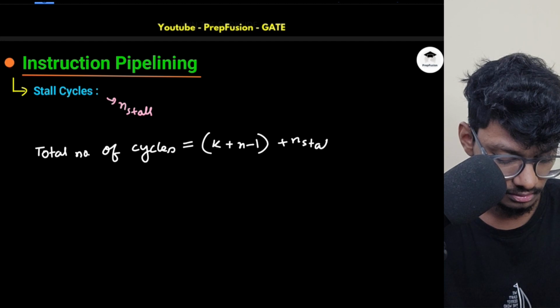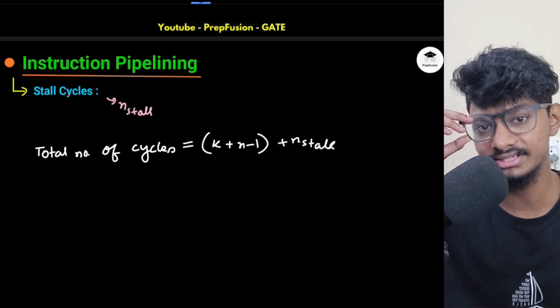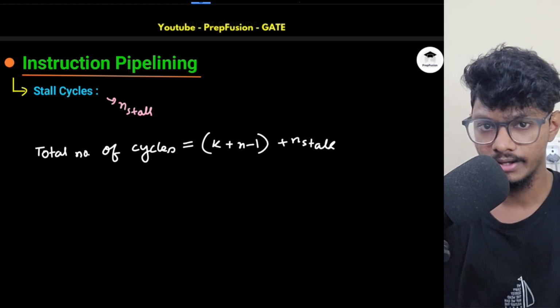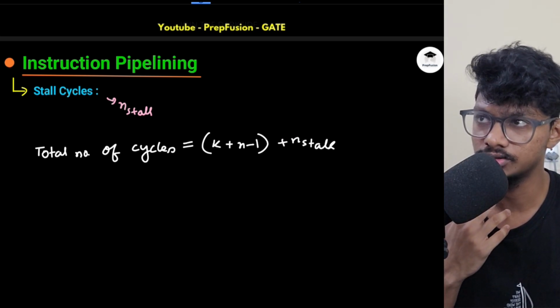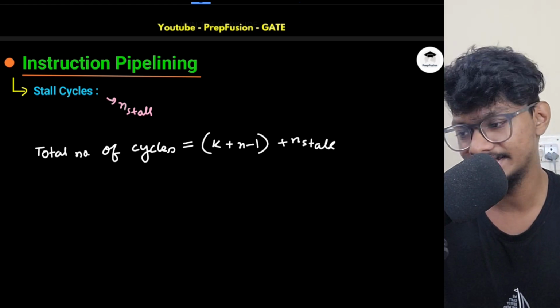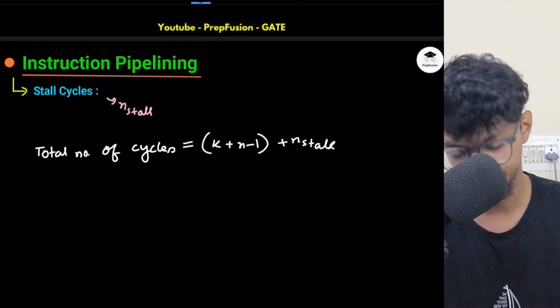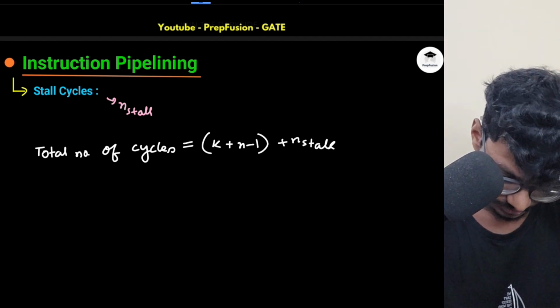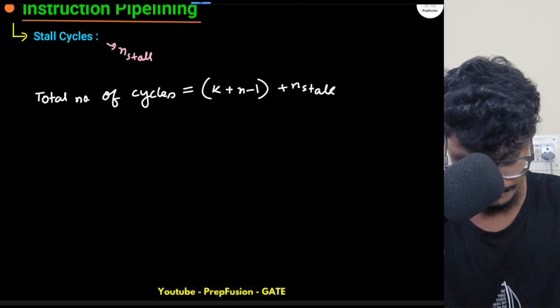These are the extra stall cycles that I need to provide for resolving a hazard. That is the case over here. So now what will be the total execution time?